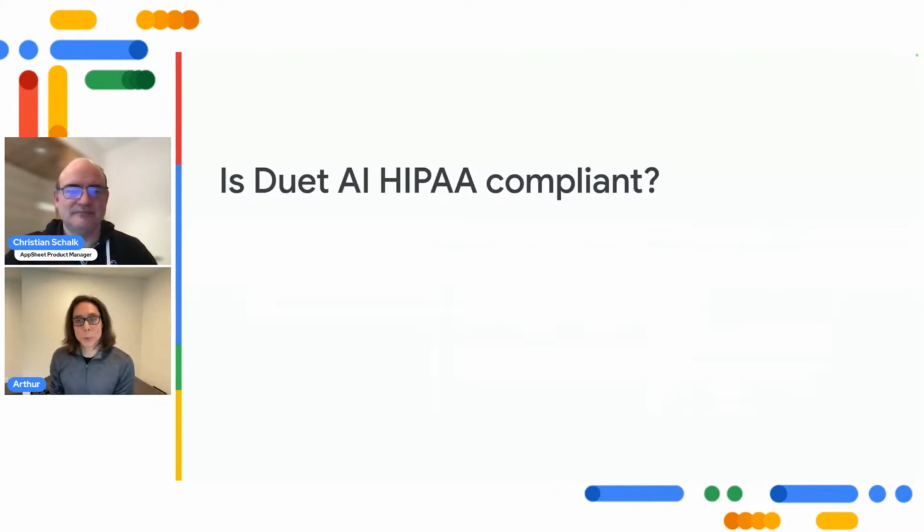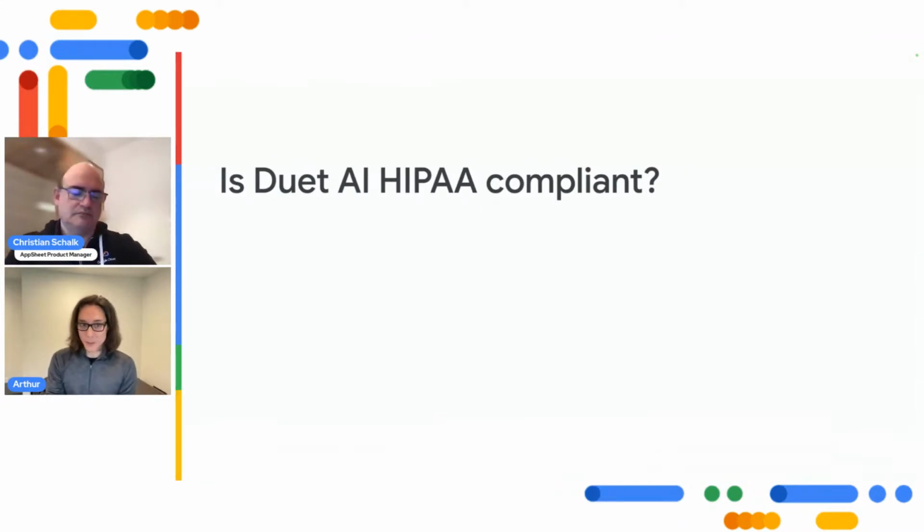For those of you who don't know, HIPAA stands for Health Insurance Portability and Accountability Act, and it's a U.S. law. So if you're not in the U.S., probably not super interested. That law says what can be done with health-related data. Today, I'm only speaking for Duet AI that you will find in AppSheet apps.